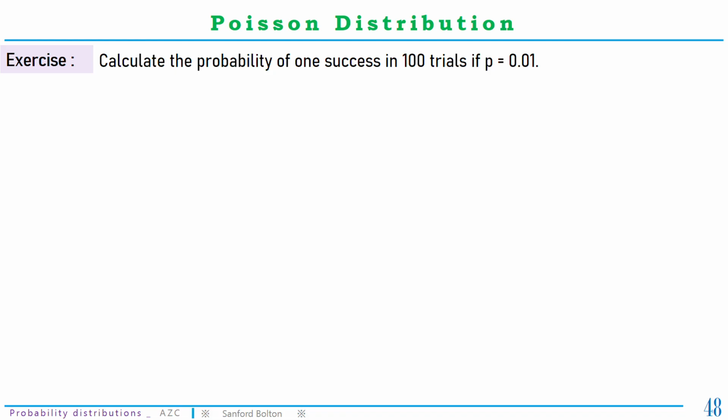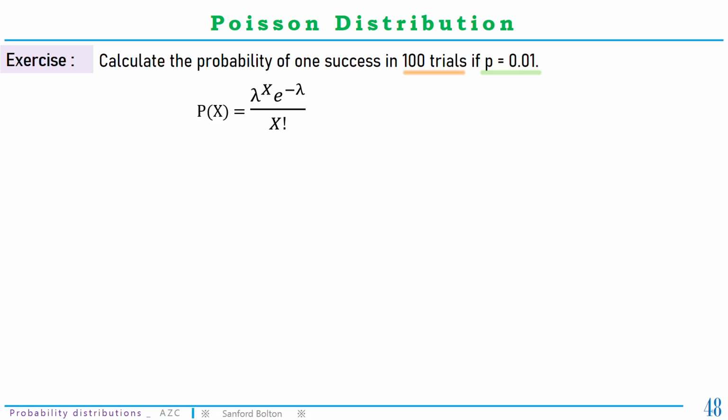Exercise. Calculate the probability of one success in 100 trials, if the probability of success is 0.01. Here, the probability calculation is associated with a very large number of events, and P is relatively small.